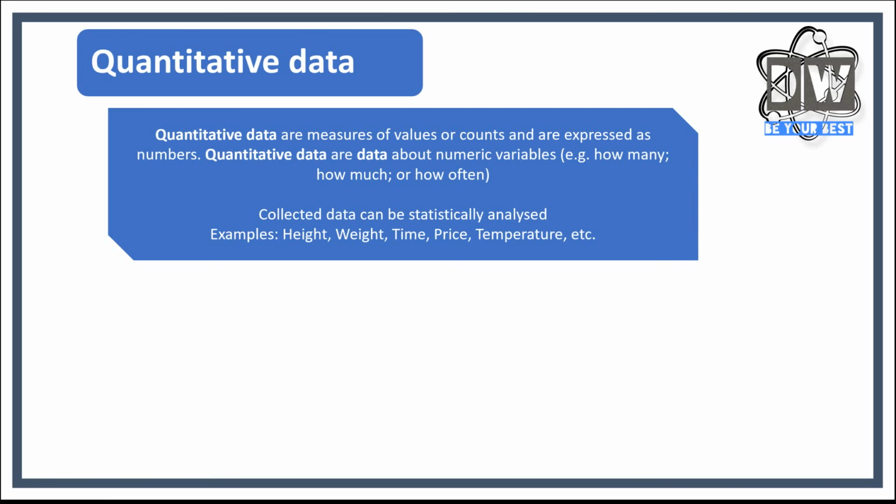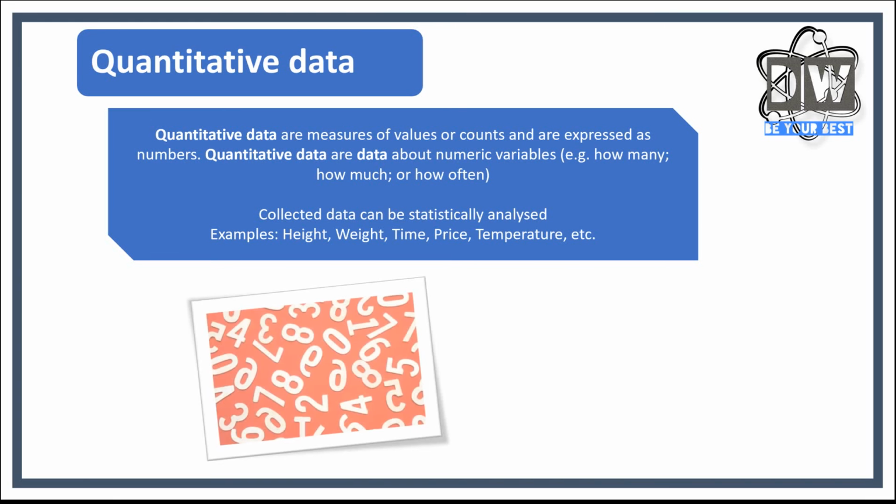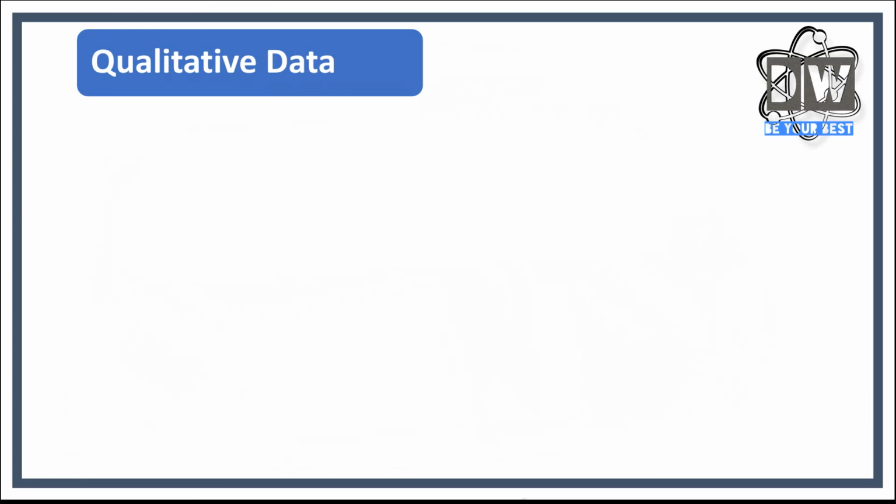Is it continuous? These are new forms of collecting that data. Collected data can be statistically analysed, for example heights, weights, time, price, temperatures, etc. So that is a type of data as well.